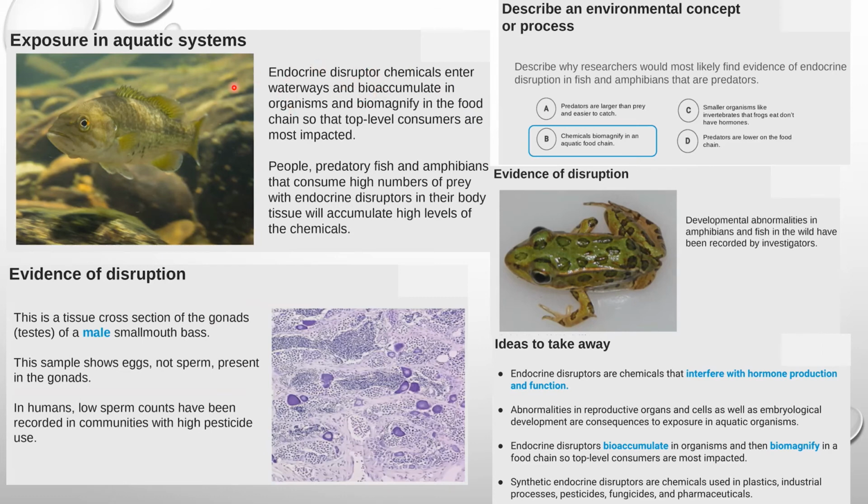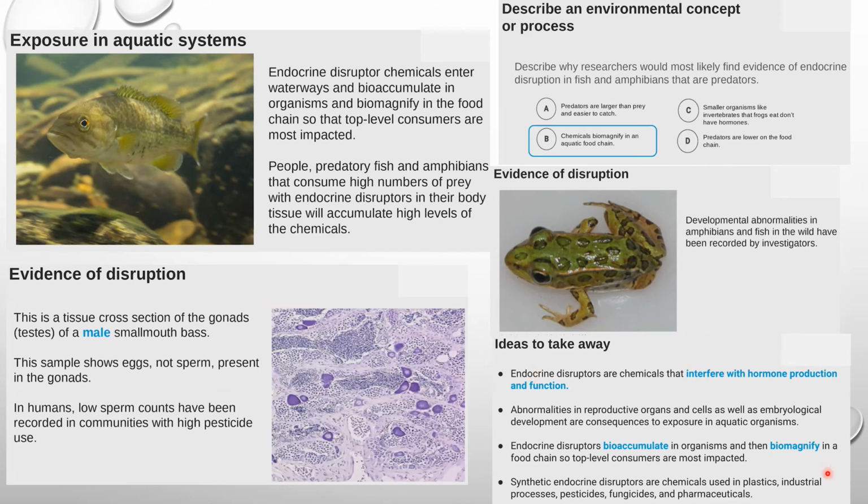So if you eat a top predator fish that has been eating smaller fish that ate smaller fish that ate even smaller little organisms, and they were ingesting endocrine disruptors, then when you eat that fish, you're going to accumulate very high levels of those endocrine disruptors.